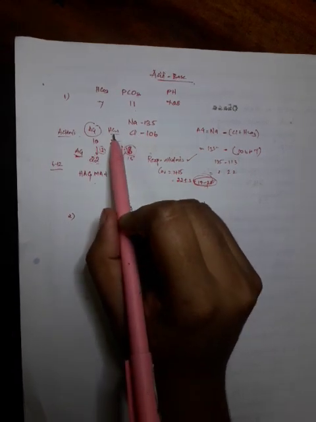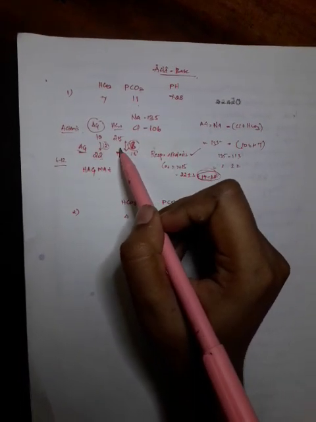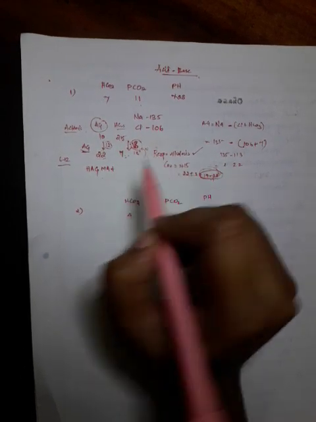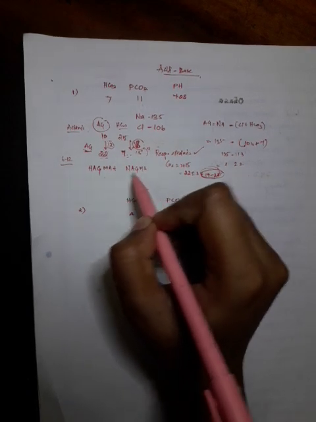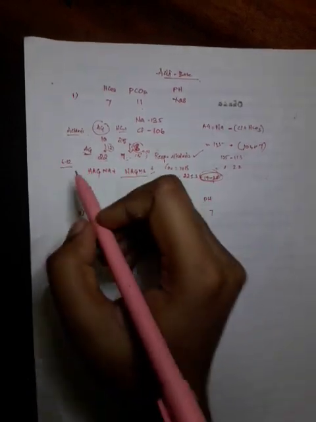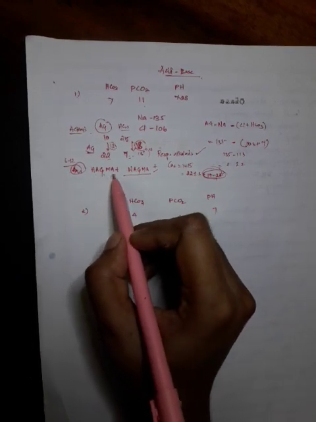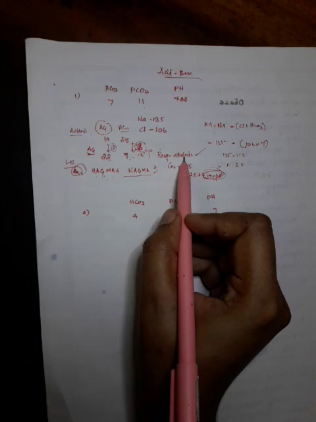So here we have to consider bicarbonate and chlorine. Some anions are increased, so it is decreased further. So this is normal anion gap metabolic acidosis. The given answer here is high anion gap metabolic acidosis plus normal anion gap metabolic acidosis plus respiratory alkalosis.